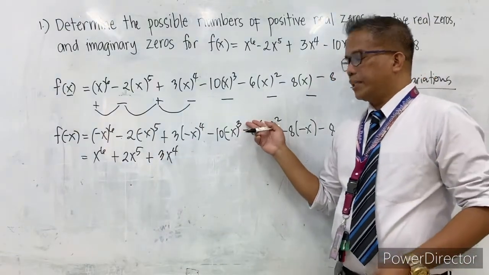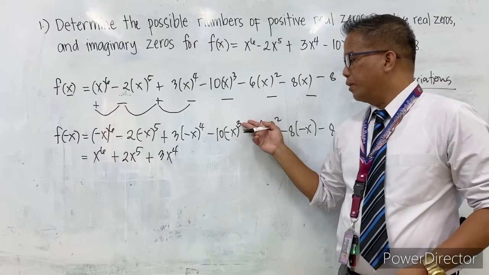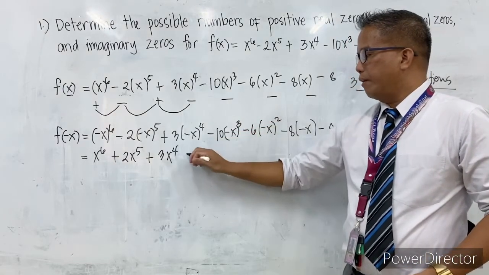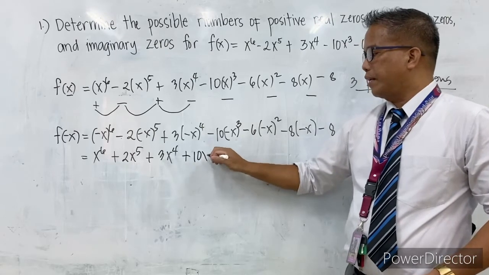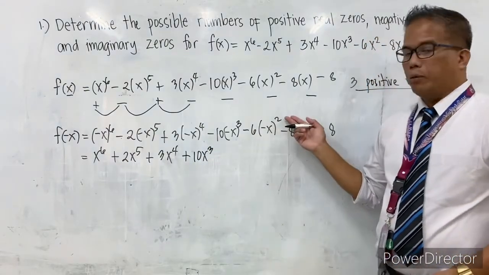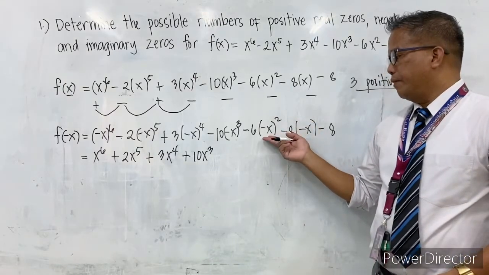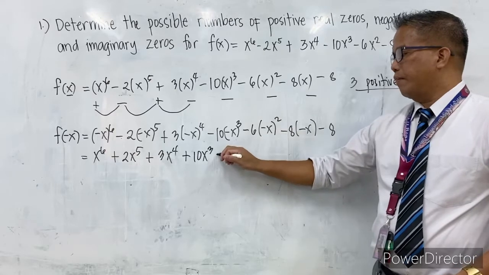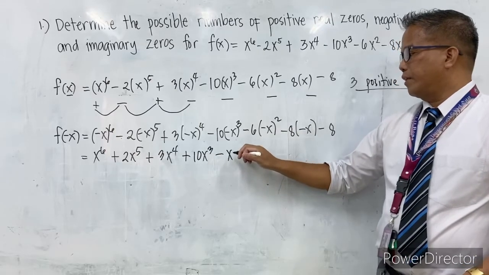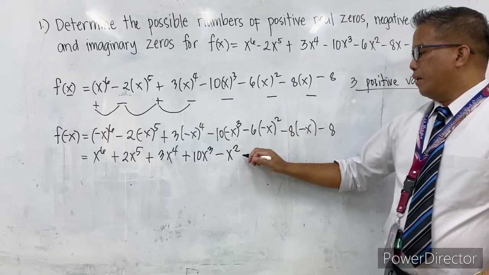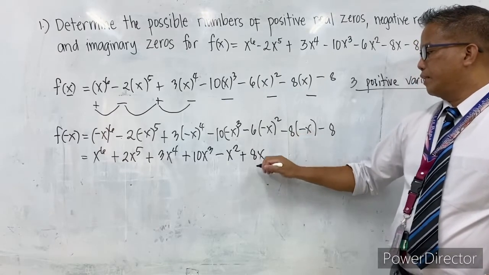Then the exponent is an odd number, so we have negative x raised to 3, and negative times negative becomes positive 10x raised to the third power. The exponent is even, so the base is positive, times negative 6 equals negative 6x raised to the second power. Negative times negative equals positive 8x.